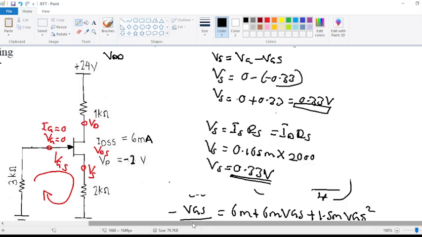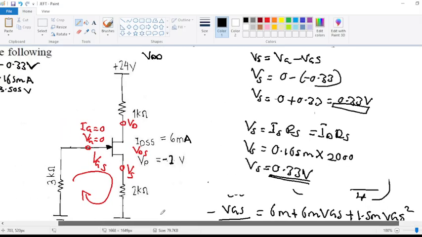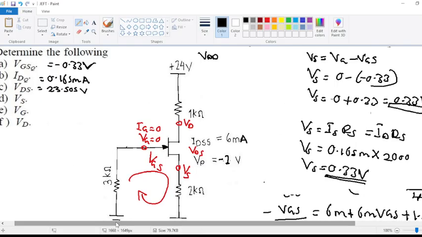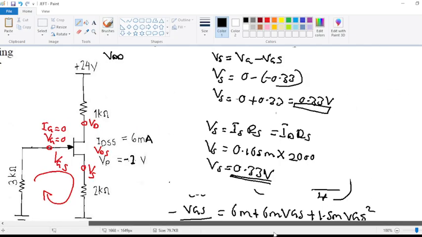Okay, so we can do this, or we do the other way around. So this is how we are going to do it. Okay, so here it comes out to be 0.33 volts. Let's try the other way. We can even use this one here for the VDS.